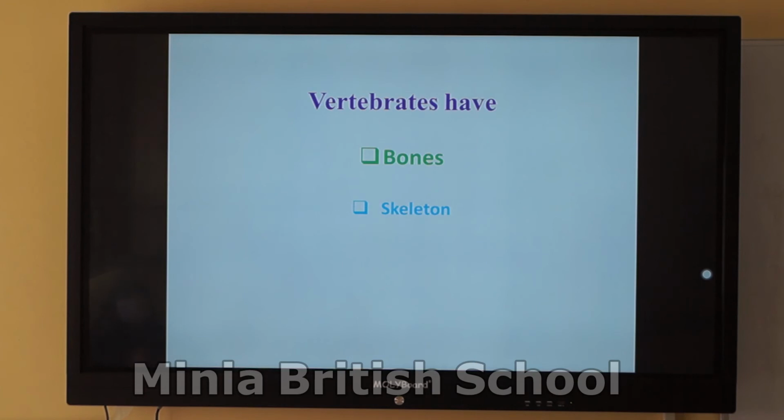Why? Because it gives the vertebrates specific shape and size. Also vertebrates have the main part, the backbone, the part of the skeleton to which all the other bones are linked. Okay? Now I'll show you some pictures of different skeletons and you will try to guess the animal.